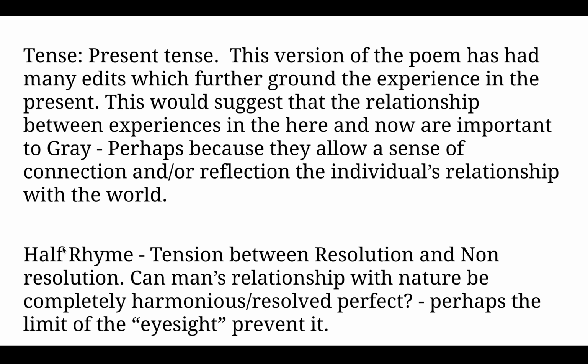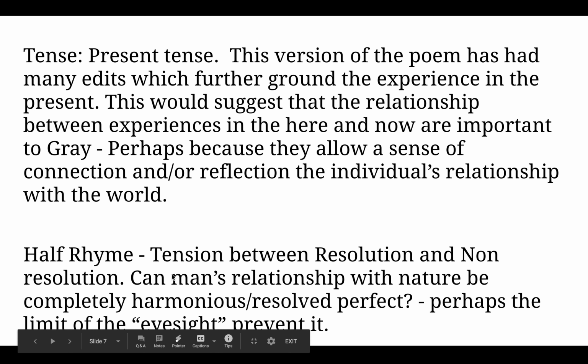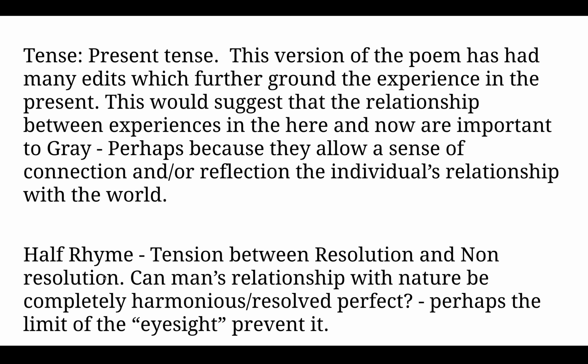I've spoken a lot about there being a tension between two states in this whole poem, and I think that's something that's in Harbour Dusk as well. But you've got this sense of earth and sky, earth and water, the beach, land and sea, man and nature, art versus function. So I think that the half rhyme really emphasises or supports this, because the tension between resolution and non-resolution, or between rhyme and only half rhyme, kind of reflects man's relationships with nature.